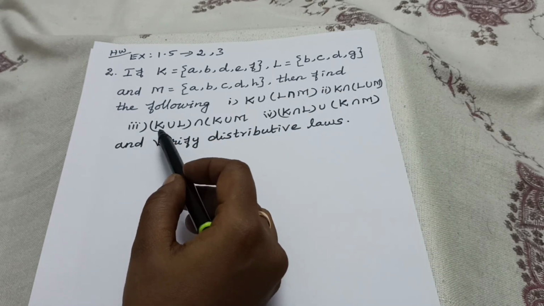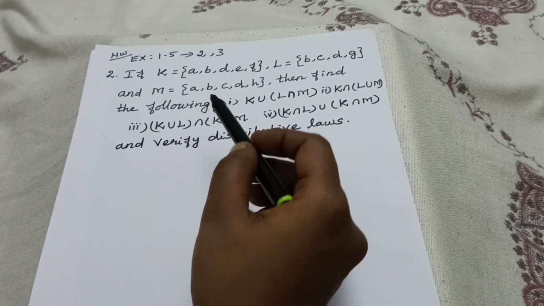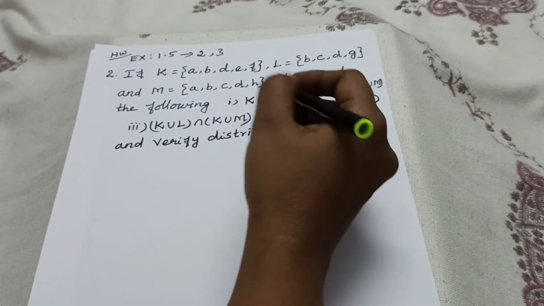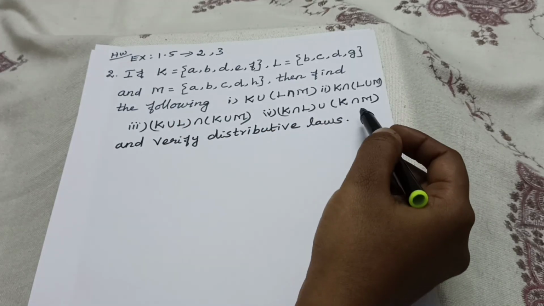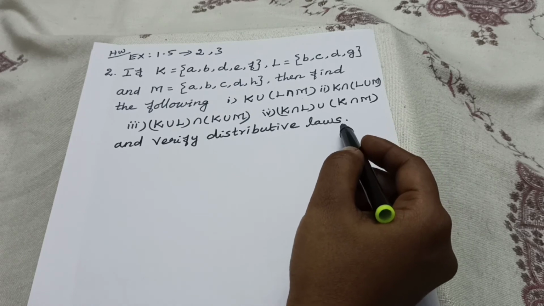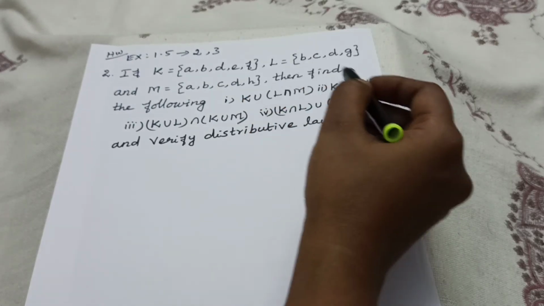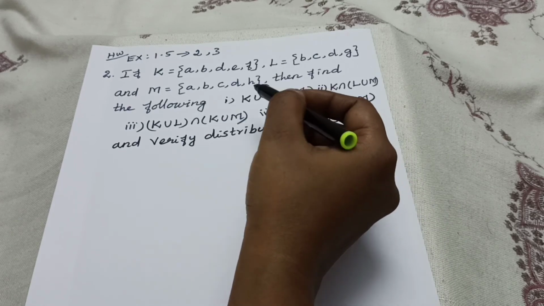Like that here also third one, K union L and then intersection K union M. Separately you should find out which is common, here also like that only. Then verify distributive law. Here one answer you will get, here also one answer, then 4 answers you will get, isn't it? You should check it.